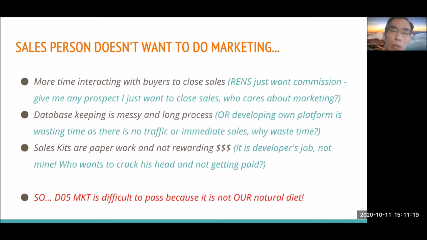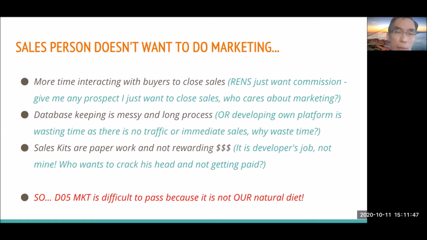A negotiator, in fact, just wants to get the contact and close sales. They just want the commission payout, and they don't want to spend time thinking about what marketing is. So in fact, they are mainly closing sales and just doing selling. They are not doing marketing. A lot of our negotiators out there are doing selling but not doing marketing.